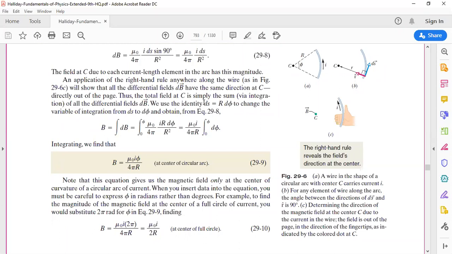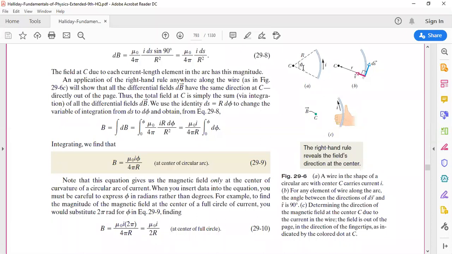Good question, very good question. So look at this: what is ds? If you reduce the length of this arc, then the angle will definitely also reduce, right?